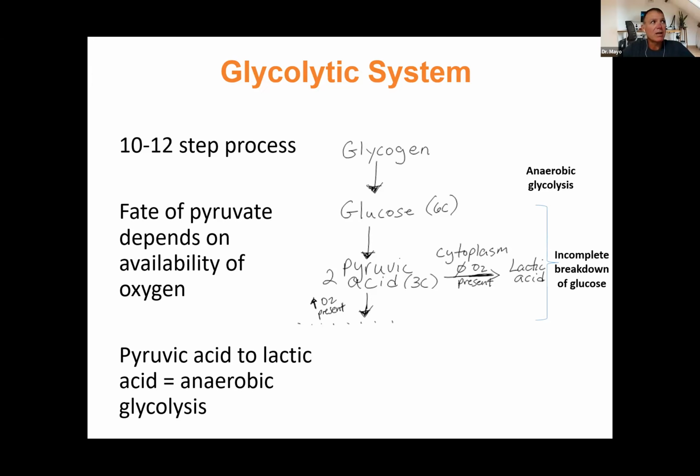In the video I just showed you of the guy doing the 225 test, he needed energy so quickly that this pyruvate, which is 2 3-carbon molecules, didn't have time to enter the mitochondria of the cell to continue to be broken down. You needed energy quickly, and so we produce lactic acid.